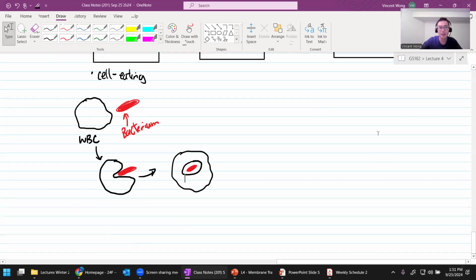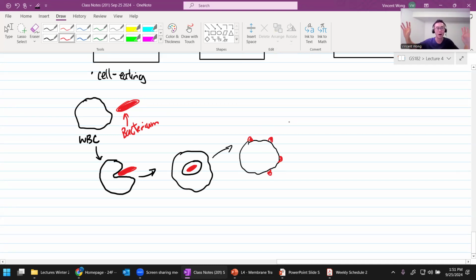Okay, just a little bit of extra things for you to think about. Well, not think about, but it's an interesting thing to know. Okay, we'll learn more about this next semester in the immune system. But did you know some white cells, after they eat the bacterium, they would digest it and they would put some of the bacteria stuff on their surface. It's like a trophy for them. Okay, this is for real. Okay?